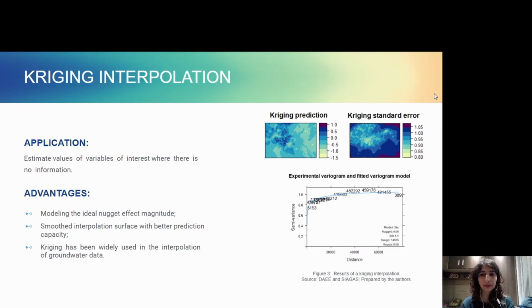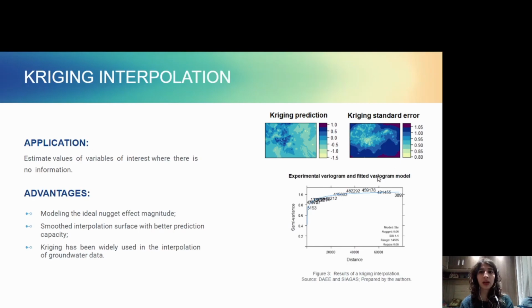Here, on these figures, we can see the first results of the Kriging, like the Kriging precision and the Kriging standard error, represented by these colors. We can see that the dark colors, like these dark blues, represent a higher standard error, mainly on the borders of the area.